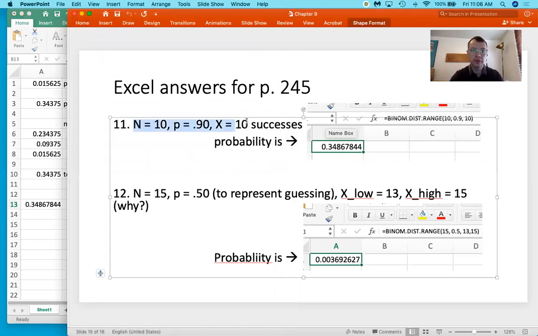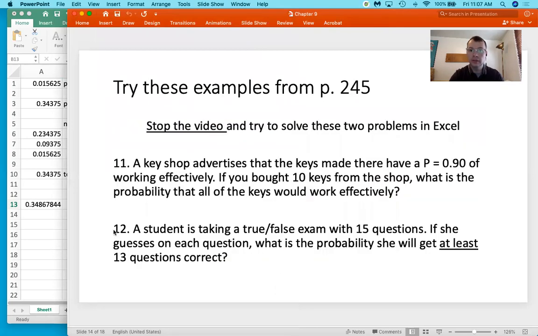But again, the point here is to understand that in the problem, you want to be able to deduce these three numbers: the number of trials that are being performed, which is really a number of opportunities for observation, and the probability of success or some event of interest on each trial. In this case, our event of interest was that a key would work.